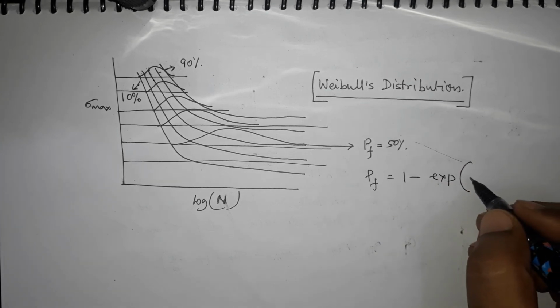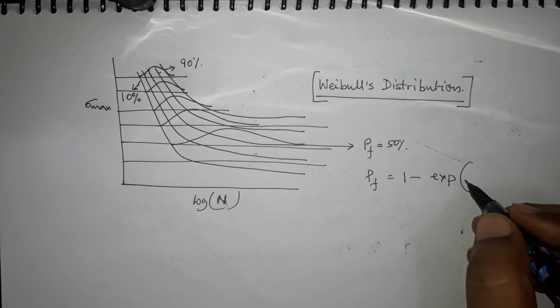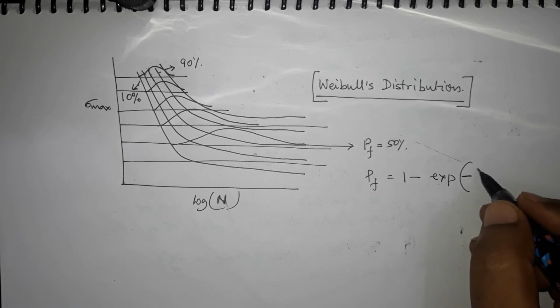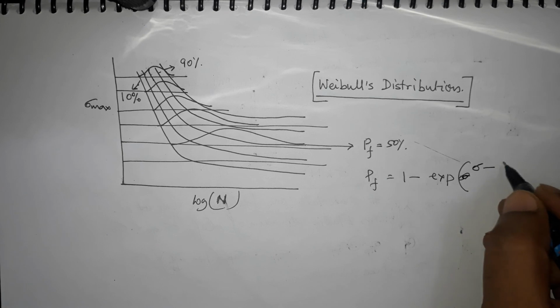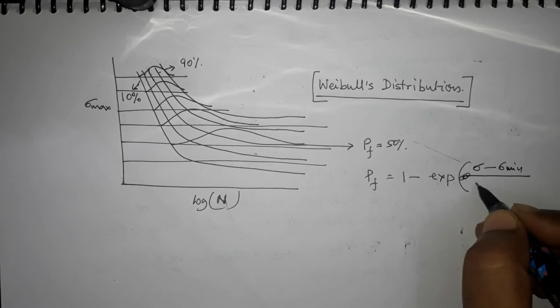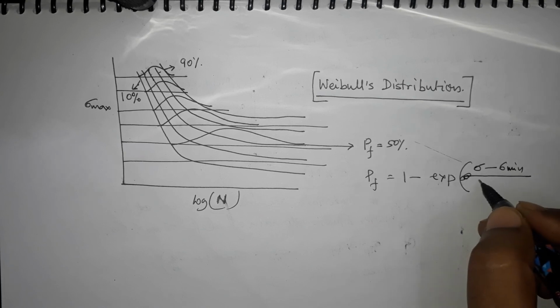If you remember that weakest link or weakest chain example, what you have is sigma minus sigma minimum divided by a scaling factor.